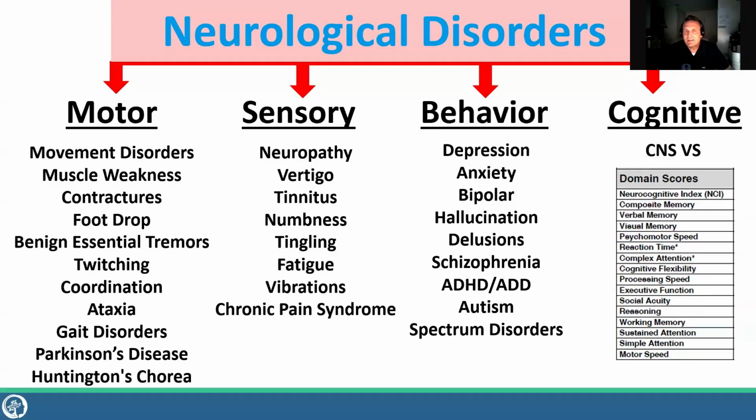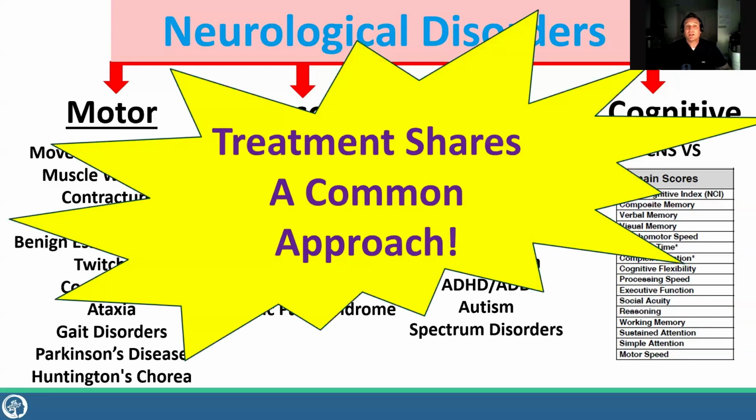And the interesting thing is, guys like me identify that treatment shares a common approach amongst all of these. We're kind of stuck in this mode of pharmaceutical medicine that says this medicine is for Parkinson's disease and that medicine is for Alzheimer's disease. And these mental health medicines are for depression, anxiety, bipolar, and schizophrenia.